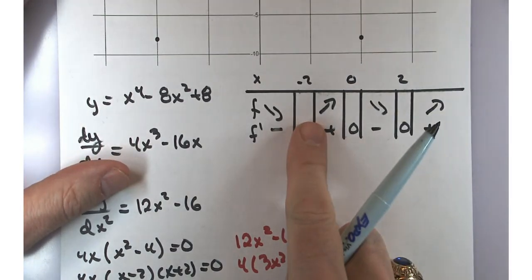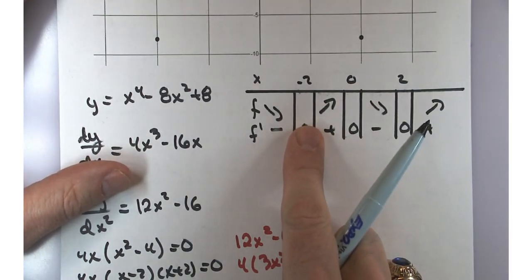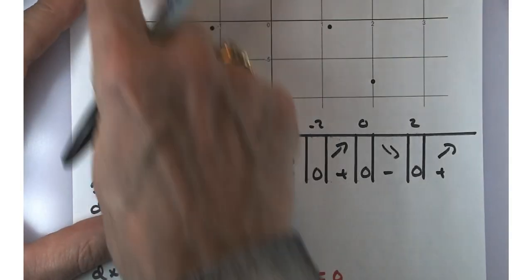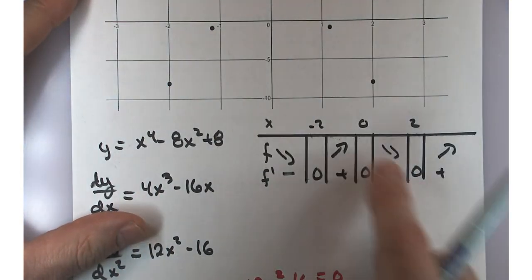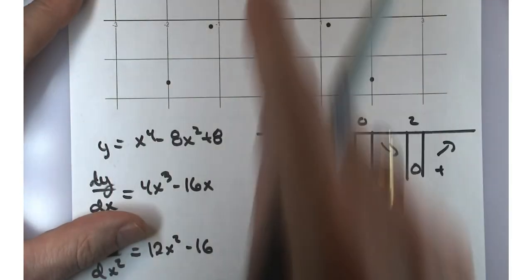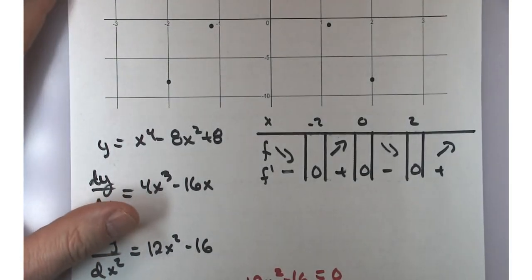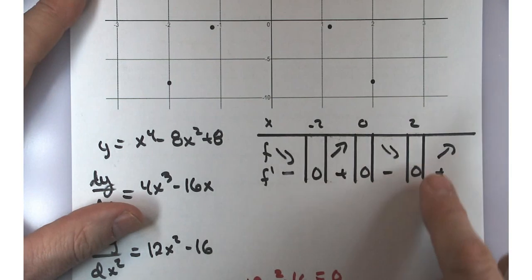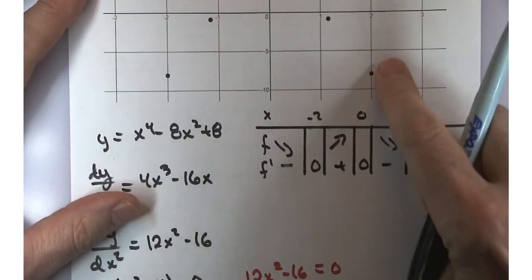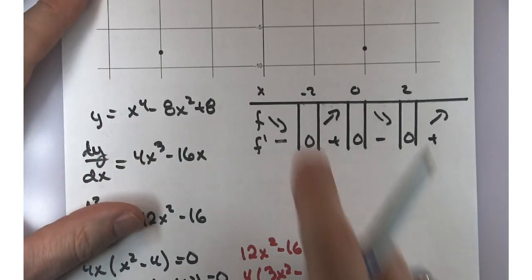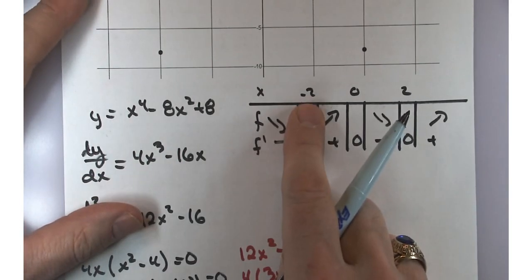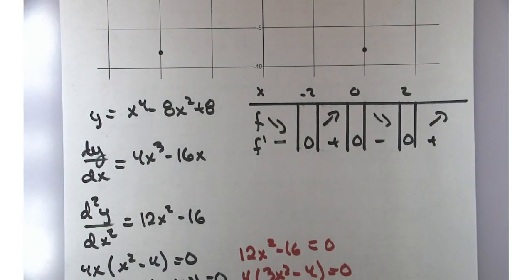But it does tell me a little bit about what's happening at negative 2. The function's decreasing until it gets to negative 2, and then it starts increasing up to a point at 0, and then it starts decreasing down to positive 2, where it starts increasing again. So at the very least, these are local mins. In fact, I think they turn out to be global mins.